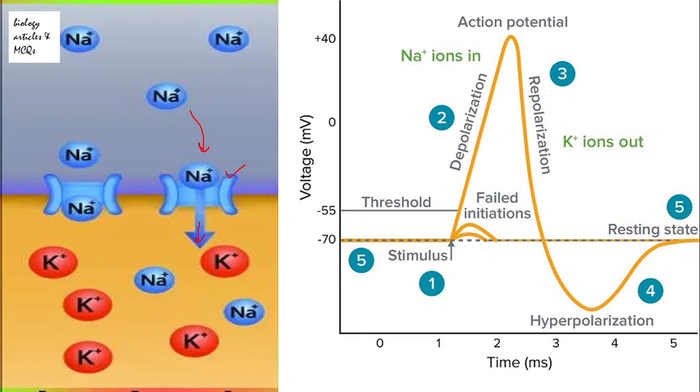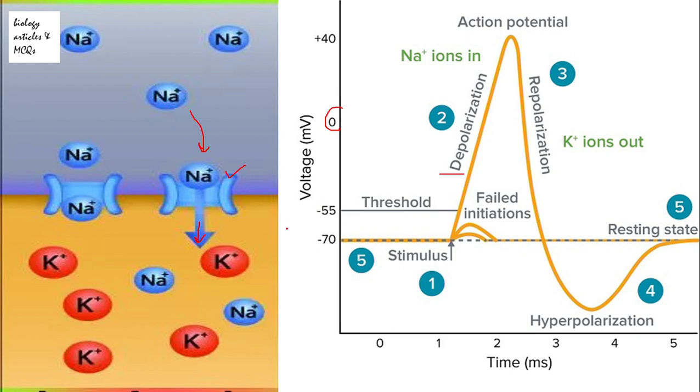The sodium ions will pass in such a concentration that the concentration of the positive ions outside and inside the membrane will become the same. And as the ionic concentration across the membrane becomes the same, the voltage will become zero. Means that there is no net difference of the charges here. And at this stage when the voltage is zero, this stage is called depolarization.